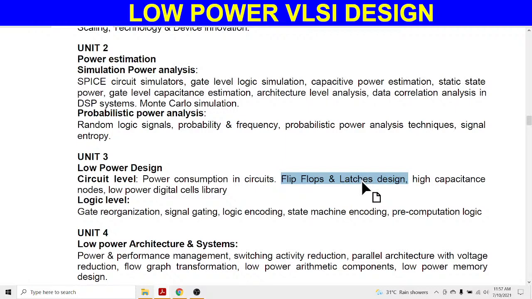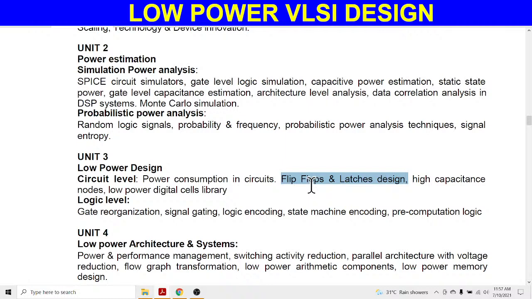Now the question is, why do we study this topic here? Because we are discussing that there are several ways through which we can minimize the power consumed by flip-flops and latches. We know that in any integrated circuit, in any complicated circuit, flip-flops and latches are always required, because these are the basic building blocks.